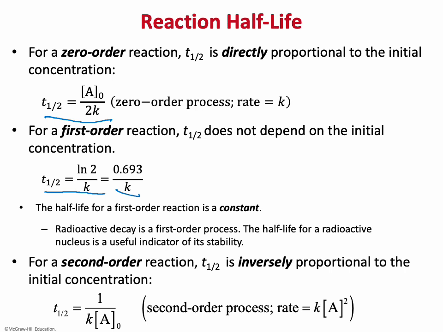How were these obtained? If we use the integrated rate law that we saw before, and because we are talking about half-life, if I assume my A0 is 1 and At is half of it, so that would be 0.5, plug all the values in the expression and we just solve for t half in terms of K. That is how we derive these equations.